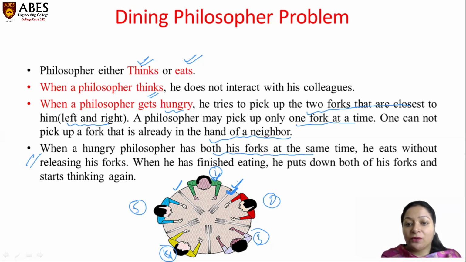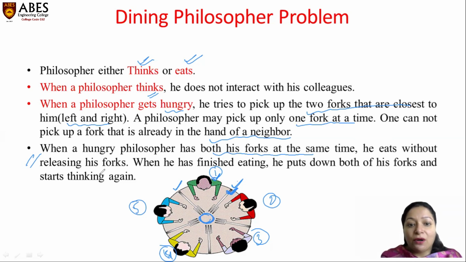कि जब भी philosopher को कुछ खाना है, यहाँ पर actually in the center of this table there is a rice bowl, और जब भी किसी philosopher को भूख लगेगी, उसे rice bowl खाने के लिए दोनों chopsticks की जरूरत पड़ेगी. ठीक है.